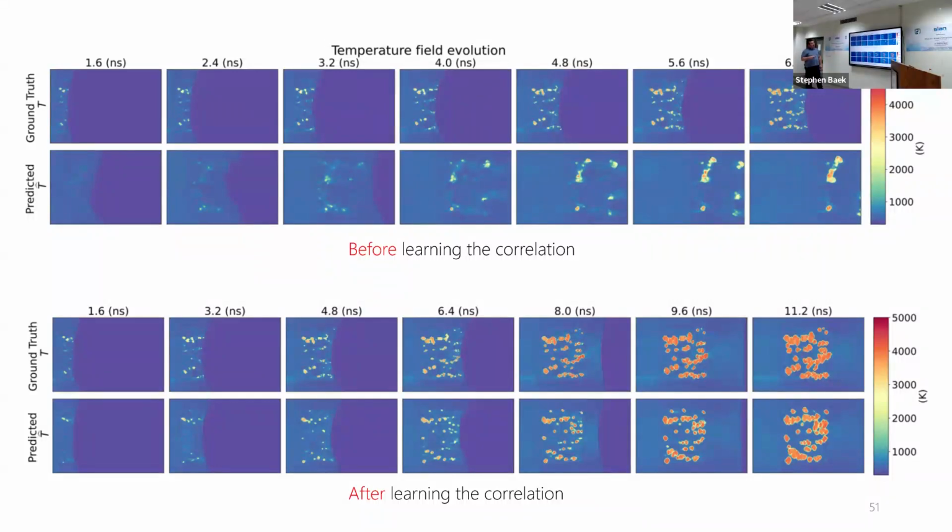And as you can see, they're kind of off compared to the ground truth. They do seem to have the right location of the temperature hotspots, but the shock front moved much faster, and the growth rate of the temperature hotspot is not the same.